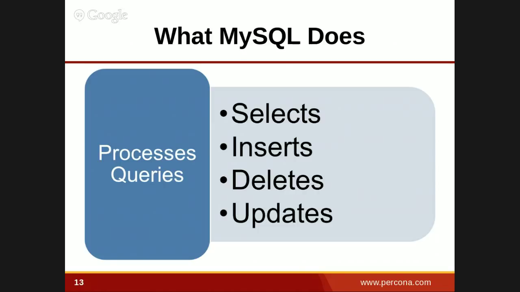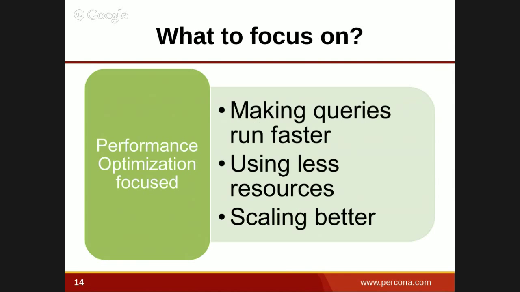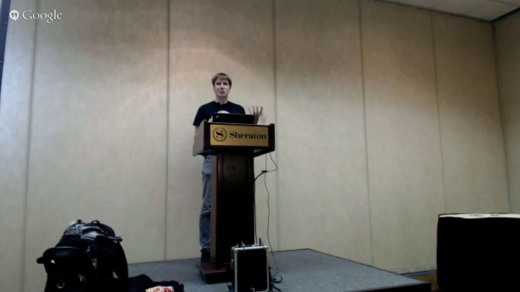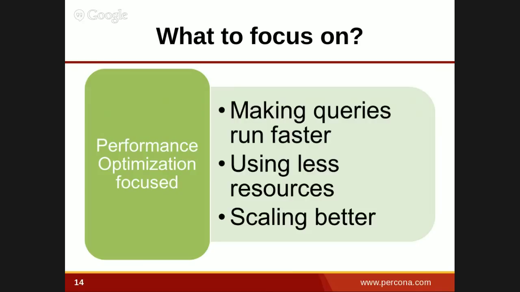So a lot of what we spoke about before was about how to think about performance and what kind of things to consider. But now let's look at our database, MySQL in this example, and think about what exactly that database does. It does quite simple things. It runs selects, inserts, updates, all kinds of queries. And really, what we care about is how quickly MySQL is going to respond to those queries and throughput.